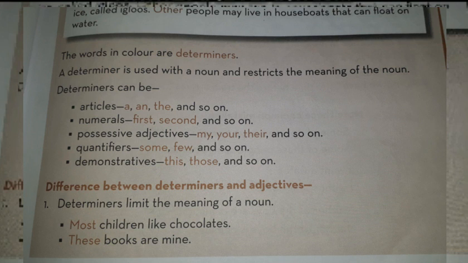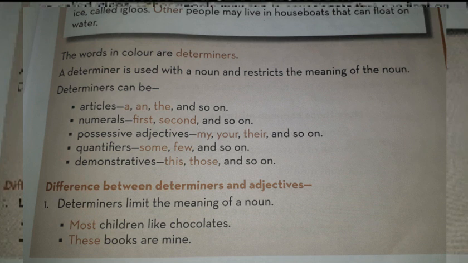Difference between determiners and adjectives. See, determiners limit the meaning of a noun. Adjectives describe the noun, but determiners limit the meaning of the noun. For example, can you say children like chocolates? We can't put this statement generally as children like chocolates, right? Not all, but we can say most.